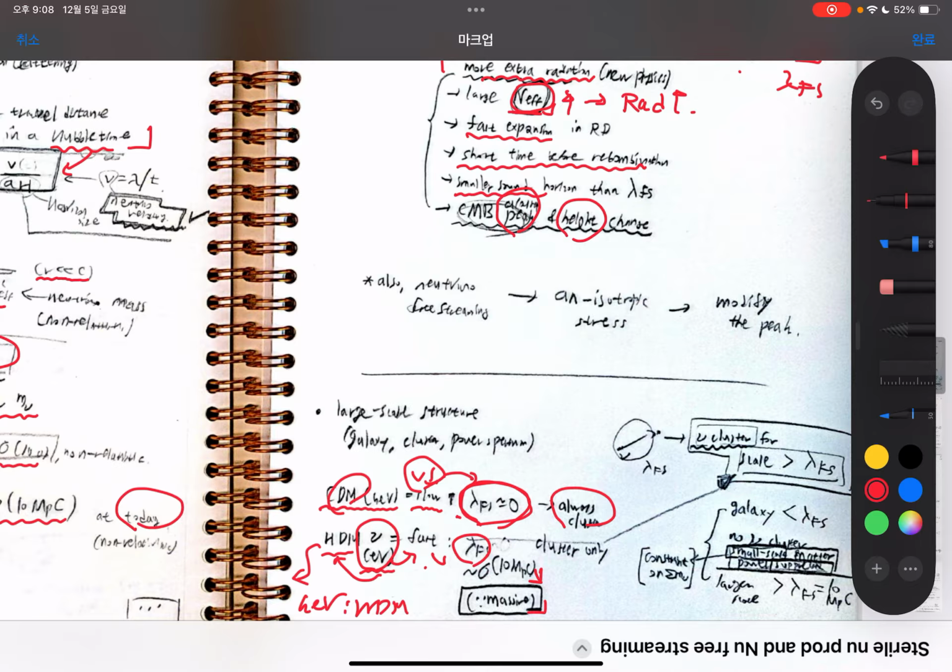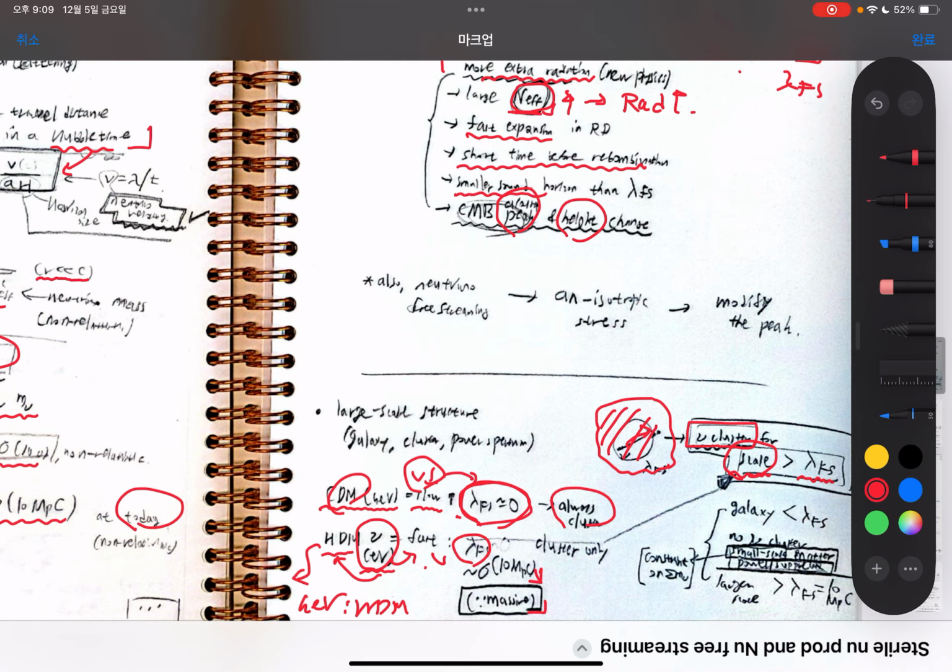and the clustering of such hot dark matter requires some specific condition. The active neutrino clusters when the scale of some specific structure is larger than the free streaming length. If that scale is larger than the free streaming length of the active neutrino, then it can cluster, because the neutrino cannot move away from the specific structures.